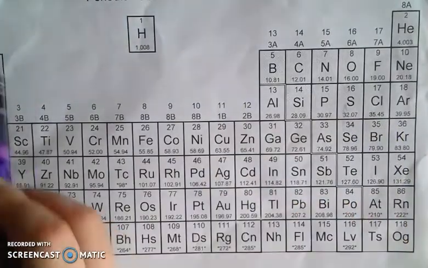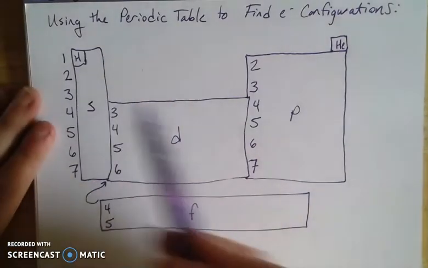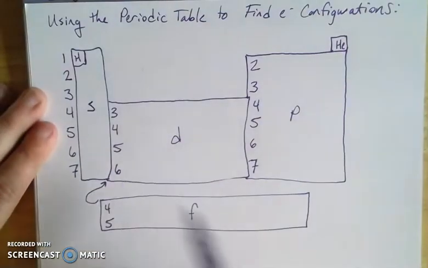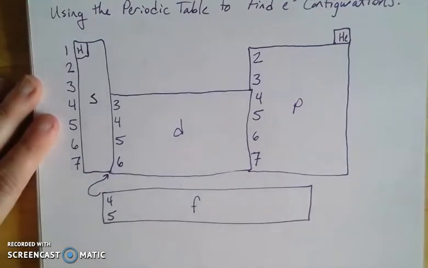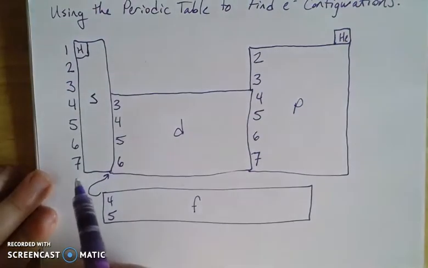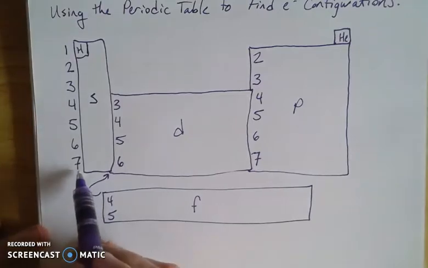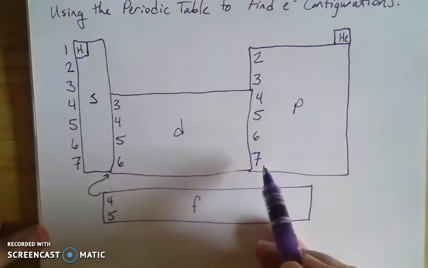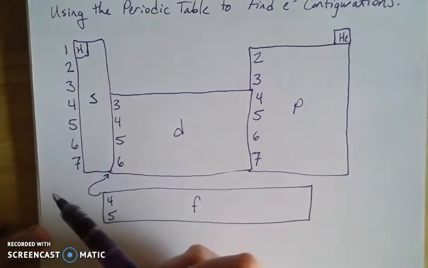So the Aufbau principle is actually giving us information about how to move through the periodic table to use its position, the element's position on the periodic table, to give us information about its electrons. So it's that powerful. How cool is that? And if you can remember that the numbers correspond in this way, the period number, which is our 1 through 7 down here, the number of the actual row, is going to be true for both the S and the P. So the period number for both S and P is going to follow the actual row number.